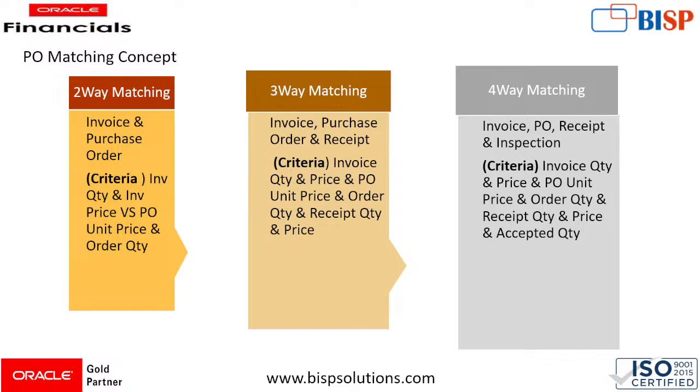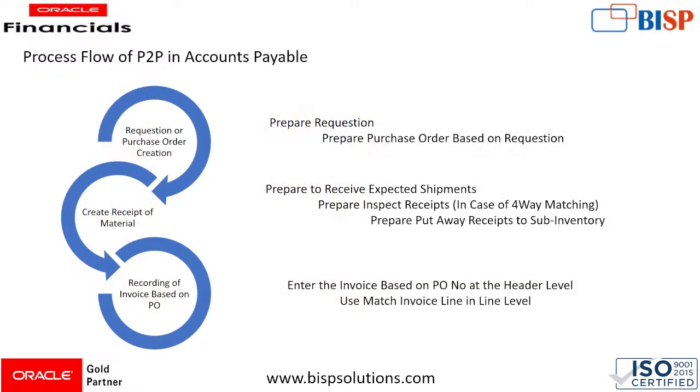So let us move to the next slide. The flow of P2P in accounts payable: first we will create a requisition and prepare the purchase order based on the requisition. Then we will prepare the receipt expected shipment through inventory management.